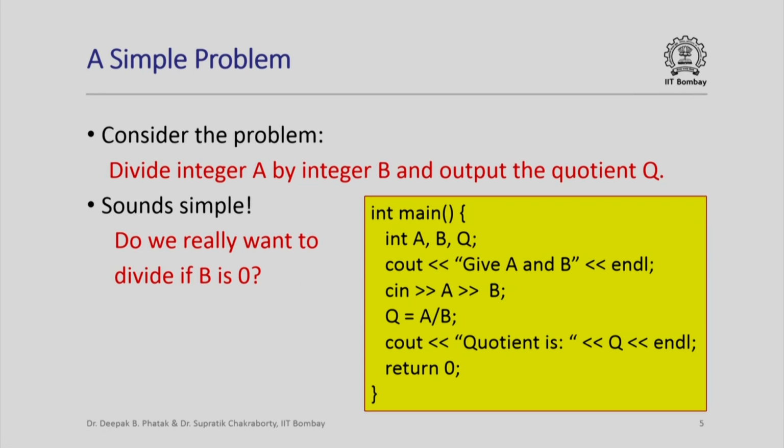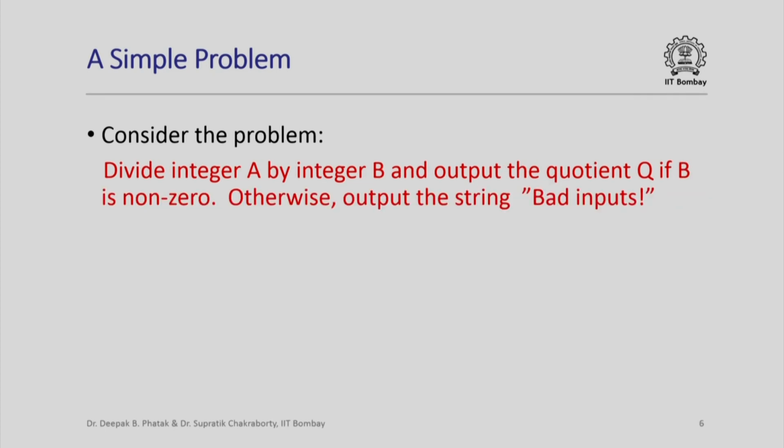If we do not want to divide if b is 0, then we need to reformulate our problem by saying: divide a by b and output the quotient q if b is non-zero. Otherwise, that is if b is 0, we can simply output the string bad inputs, because then the division would lead to dividing a by 0, which is not a very well defined operation.